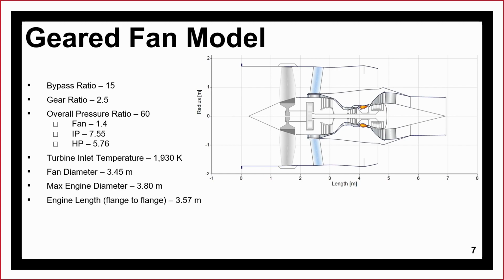conducive to their performance. Some characteristics of the engine that we've got here: the bypass ratio is 15, gear ratio is 2.5, the overall pressure ratio is 60. The HP compressor on this engine operates similarly to the one on the baseline engine, so its pressure ratio is still set at 5.76, and the rest of that pressure ratio is eaten up by 1.4 on the fan and 7.55 on the intermediate compressor.